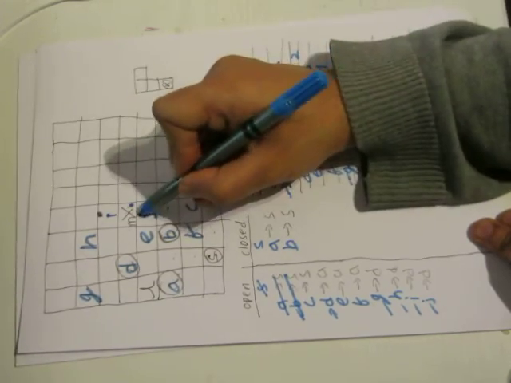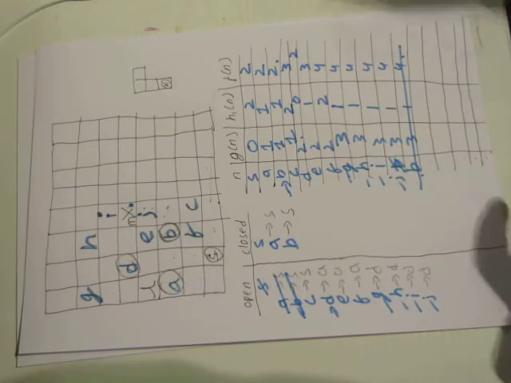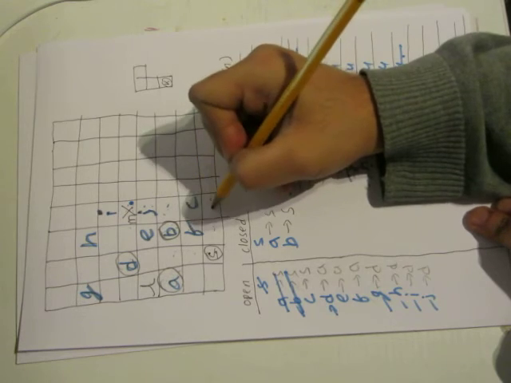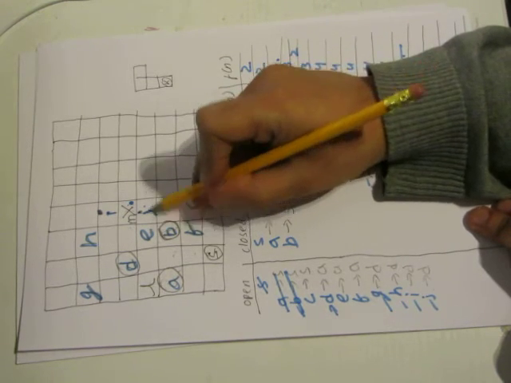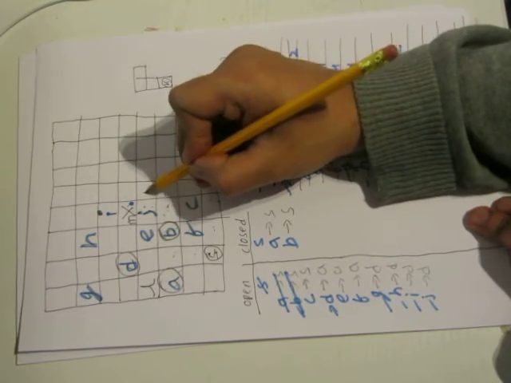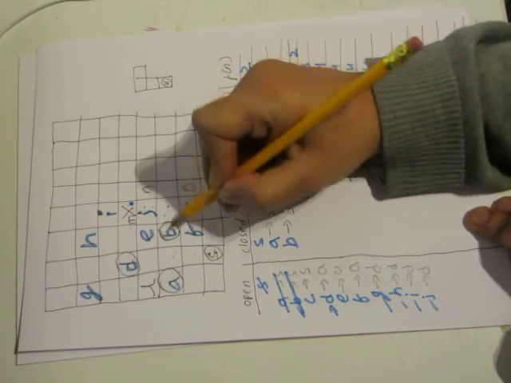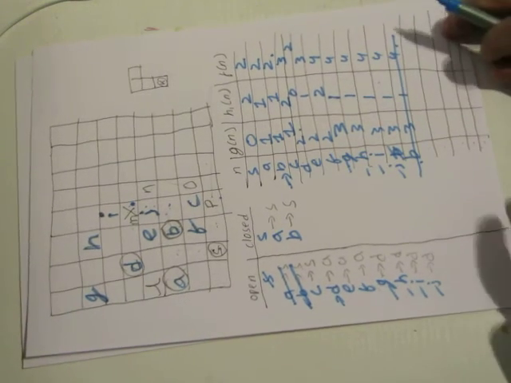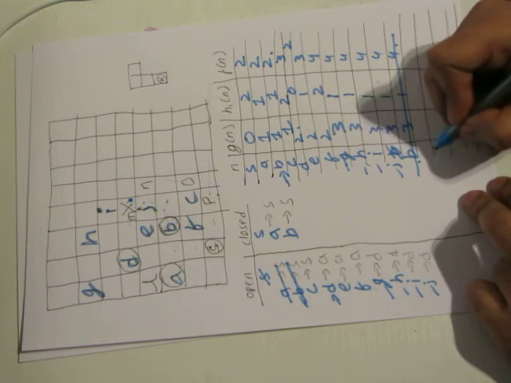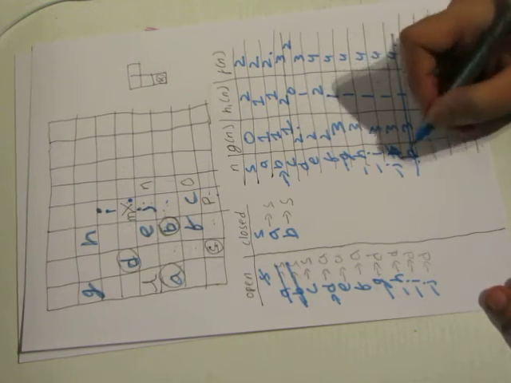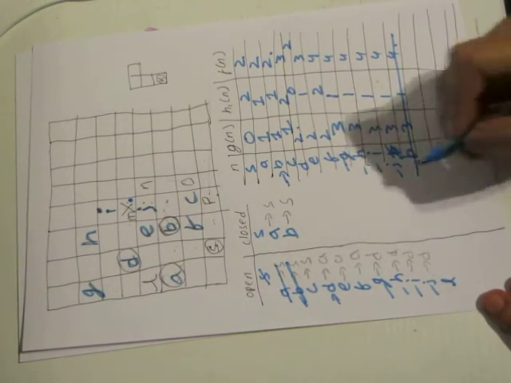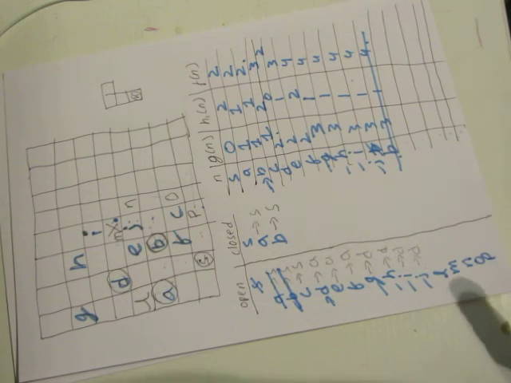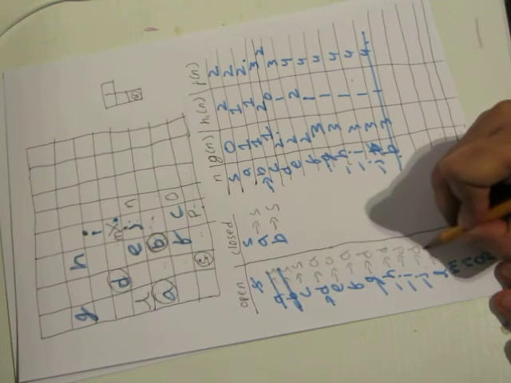So from B I can go to here, here, then here: L, M, N, O, P. These are the possible paths from B, and we have to put them again into the open list. So that is L, M, N, O, and P, and they are all pointing to B.